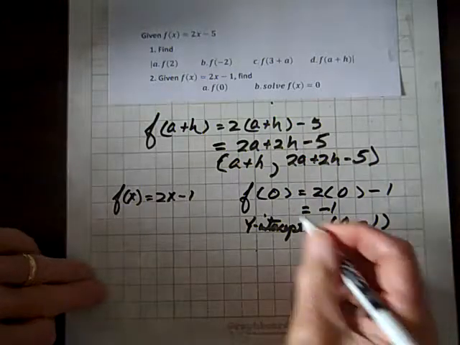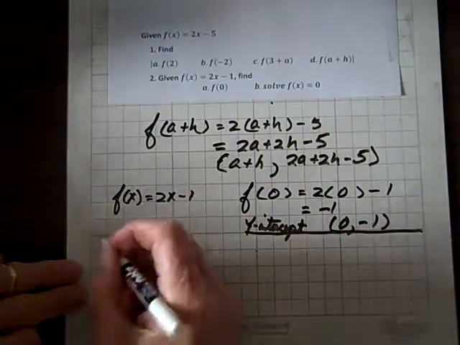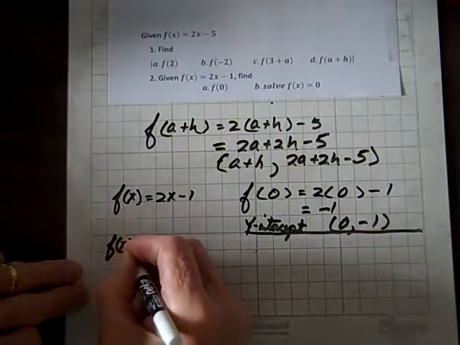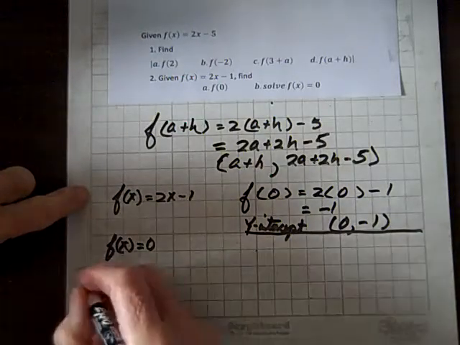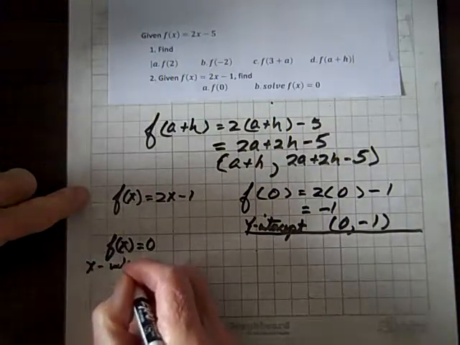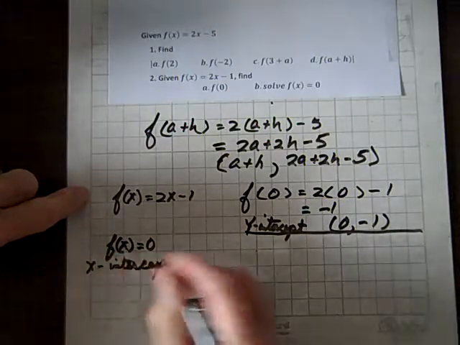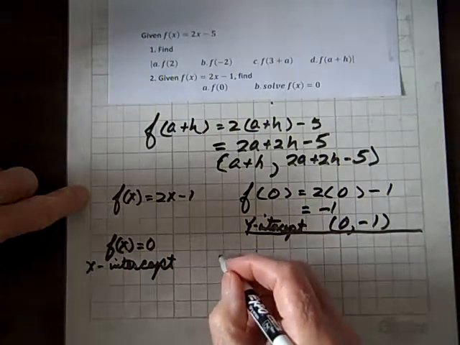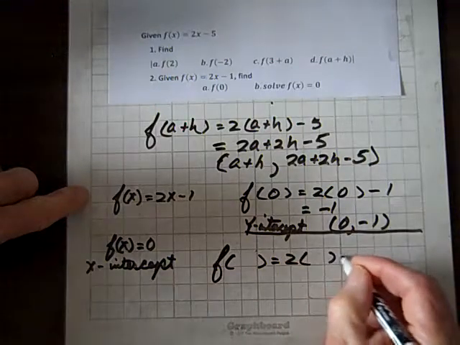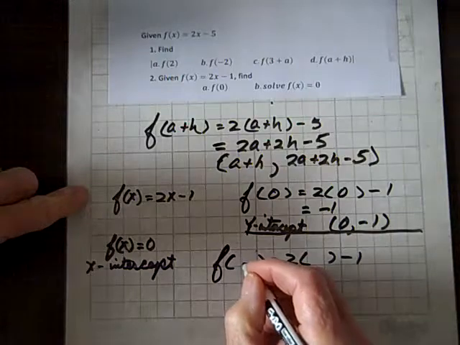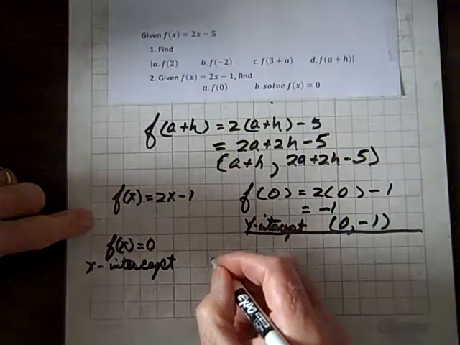Let's take the same equation and solve f of x equals 0. In other words, now we're going to find an x-intercept. I beg your pardon, we're setting f of x equal to 0.